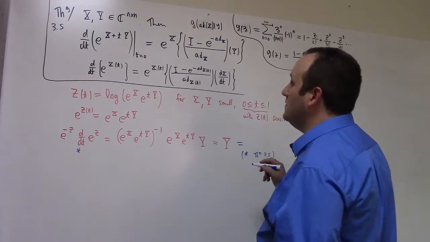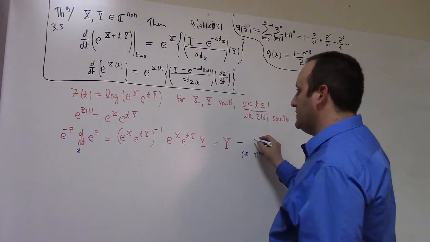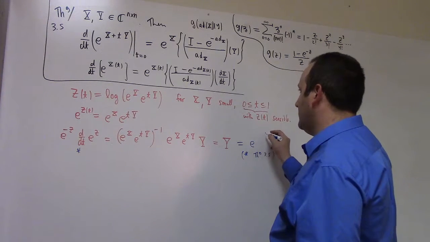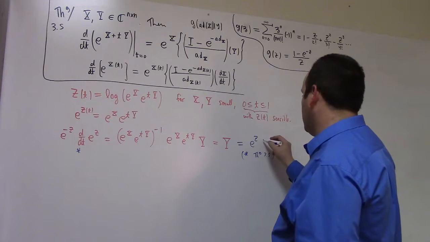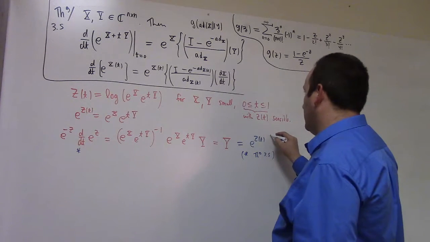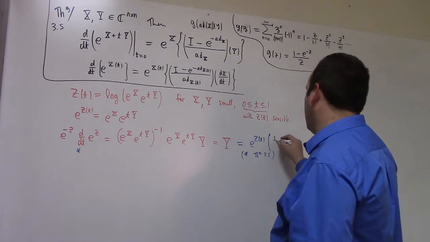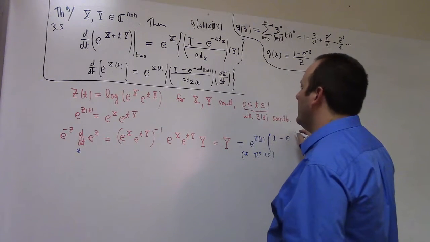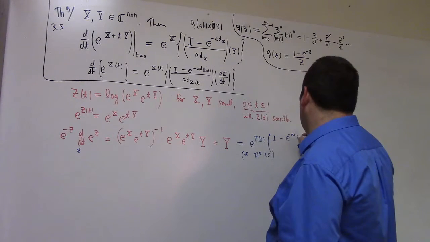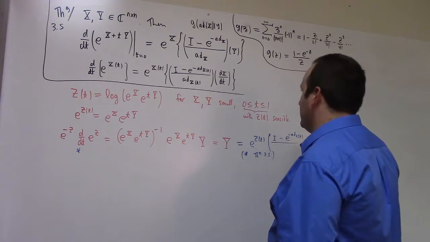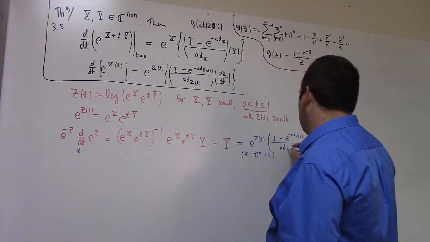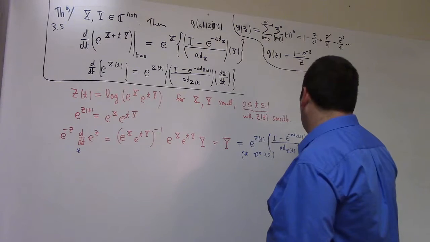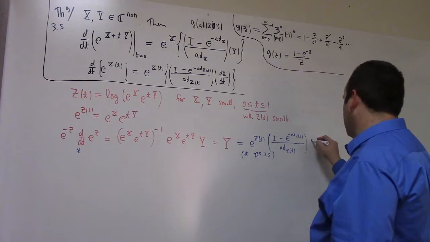It's equal to e to the z of t, I minus e to the minus the adjoint of z of t, divided by the adjoint of z of t, all of that acting on dz/dt, right?